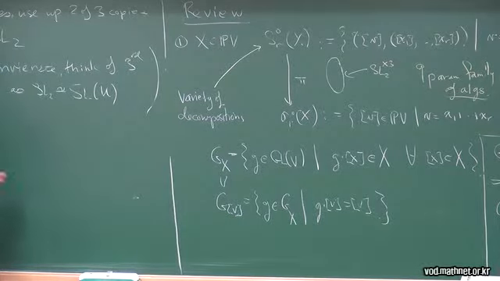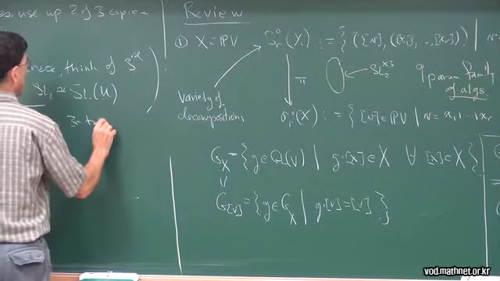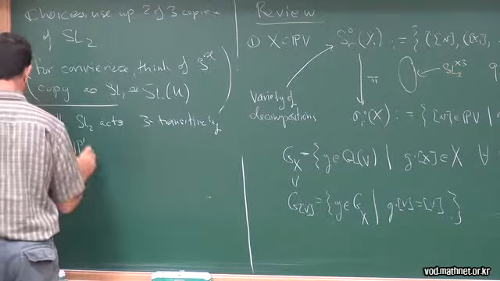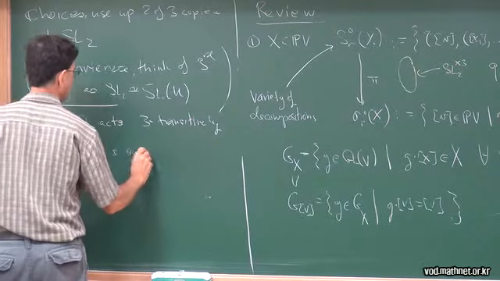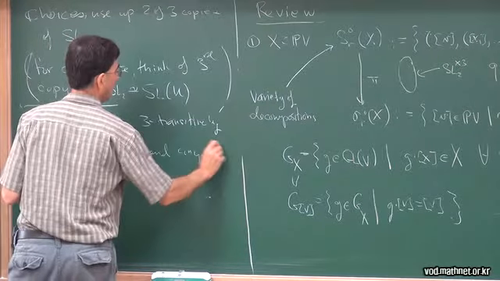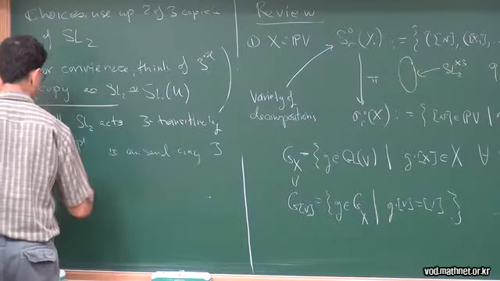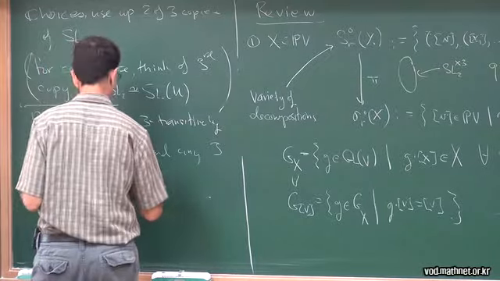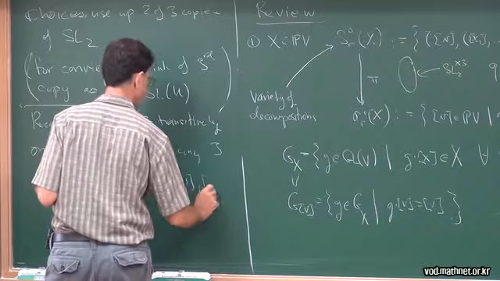So recall that SL2 acts 3-transitively on CP1, which is the 2-sphere, i.e. it can send any 3 distinct points to, say, 1, 0, and infinity. Or 0, 1, and infinity, I guess.